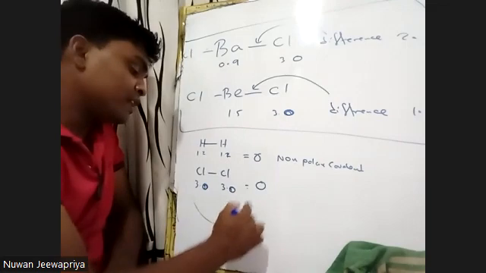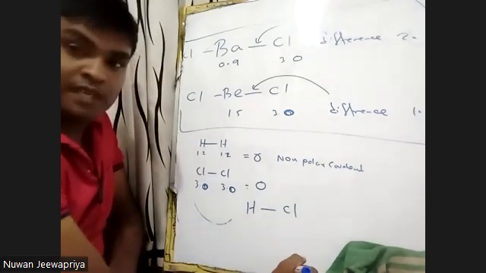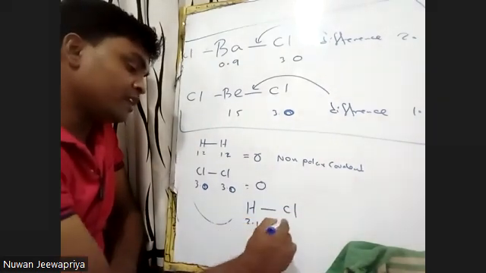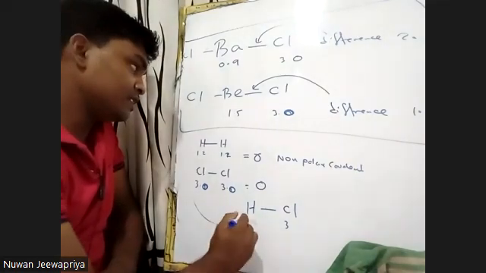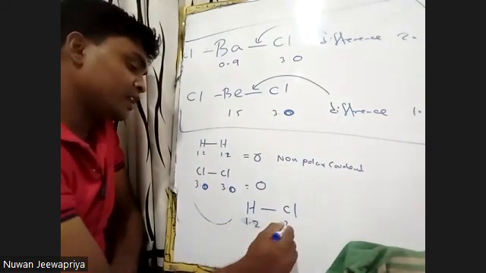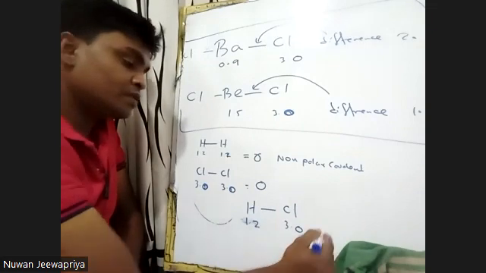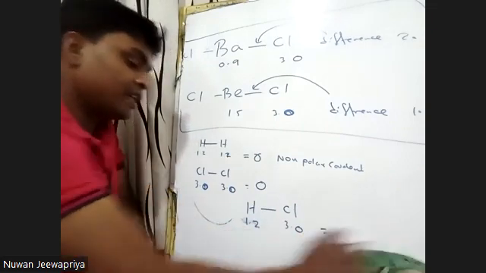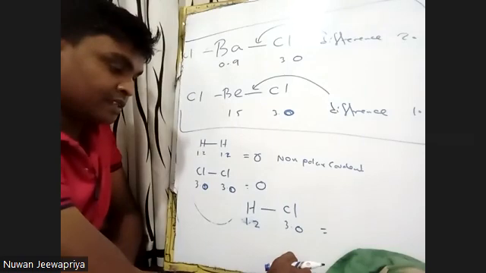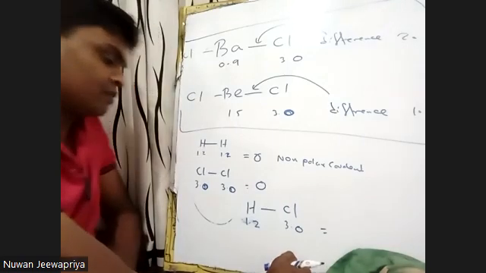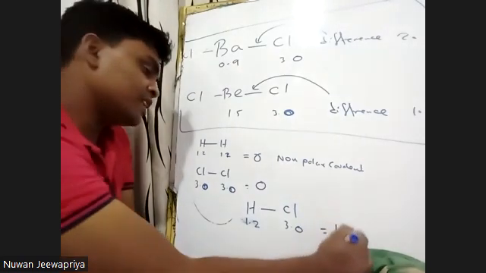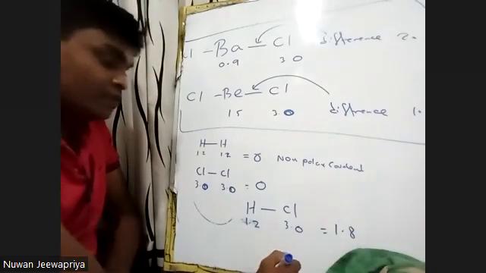But if I go to HCl, hydrogen is 1.2 and chlorine 3.0. So the difference is high, right? So it is around 1.8. So it is called what?